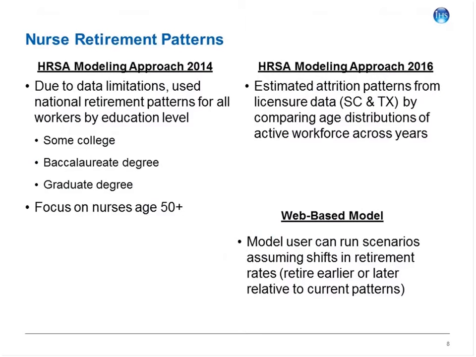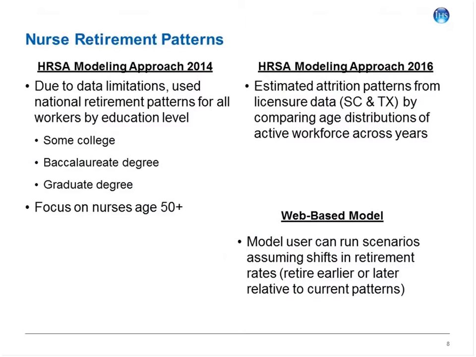The approach that was used for the 2014 report, because of data limitations, what we did was we focused on retirement patterns for nurses ages 50 and over. And we used the American Community Survey, and we actually used as a proxy for nurse retirement patterns the retirement patterns of males and females that had some college, a baccalaureate degree, or a graduate degree.